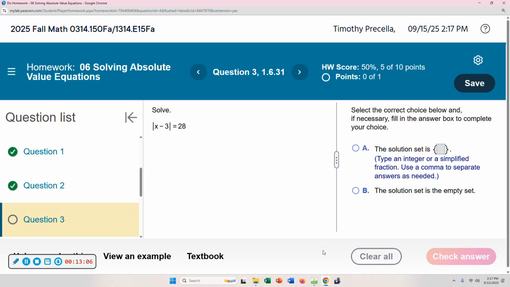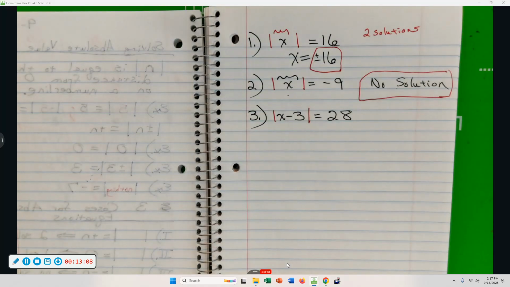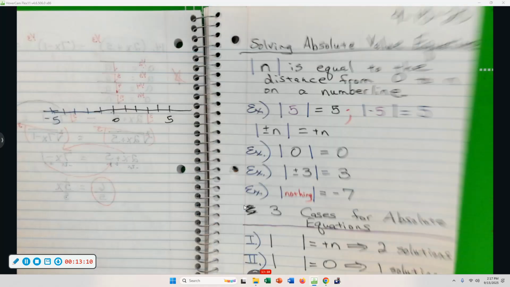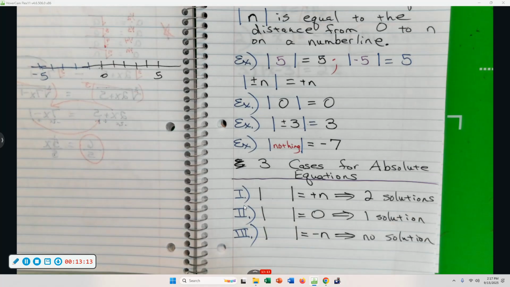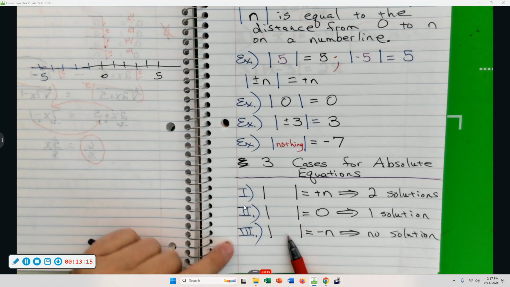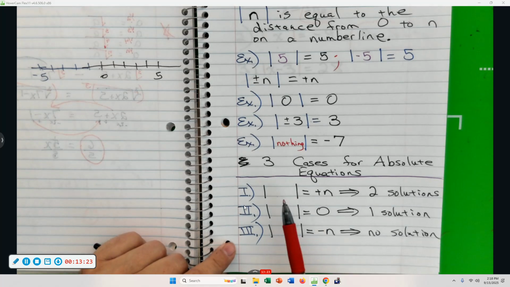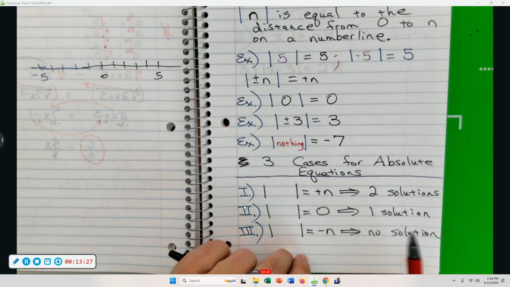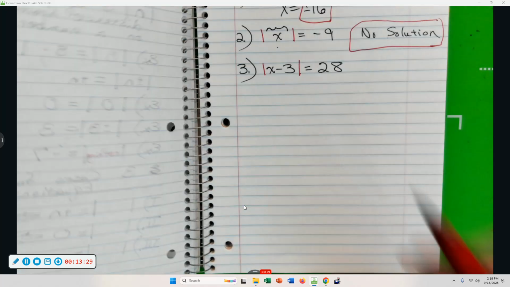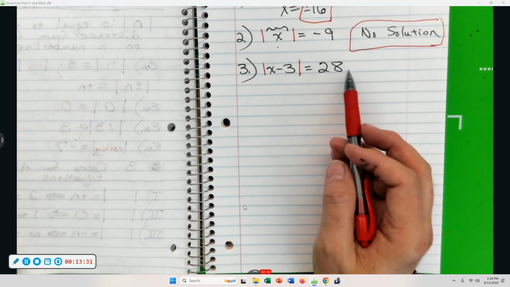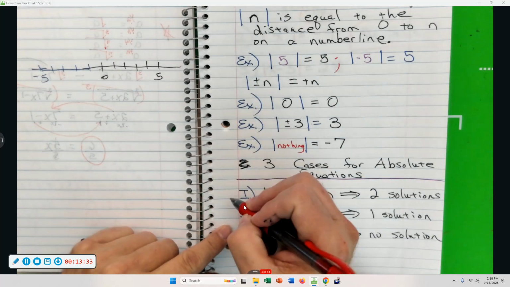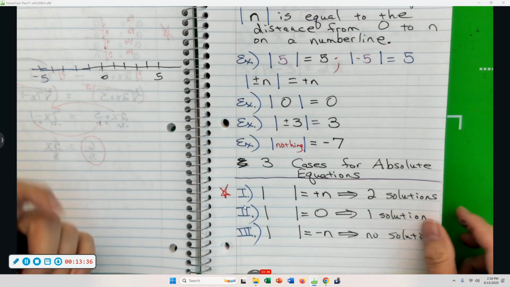The three cases that I wrote up only work when the absolute value is by itself. You have an absolute value by itself on one side, a negative number on the other side, or the absolute value on one side, 0 on the other side. In this case, we have the absolute value on one side and a positive number on the other side. That's what we have here. And I'll tell you right now, this case 1 is the most common case.